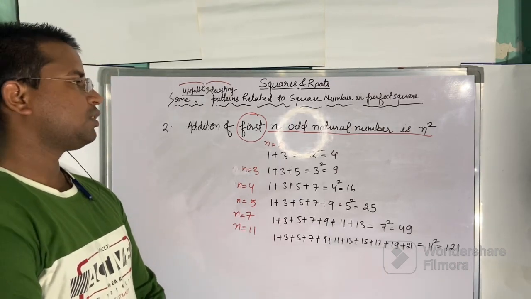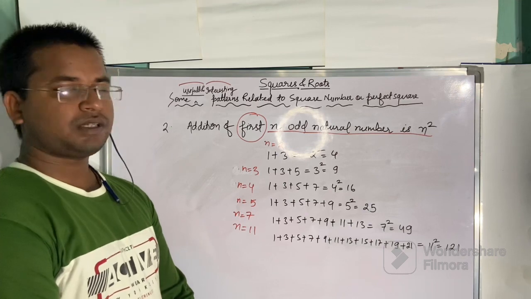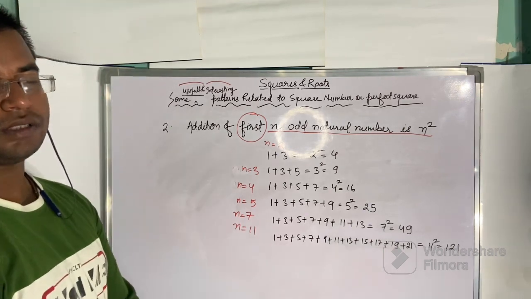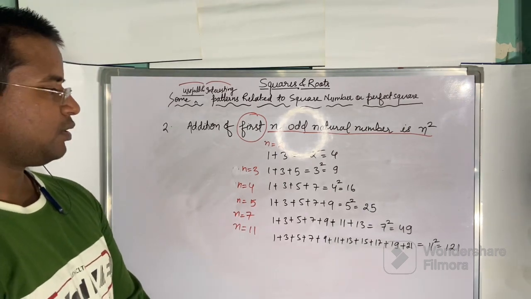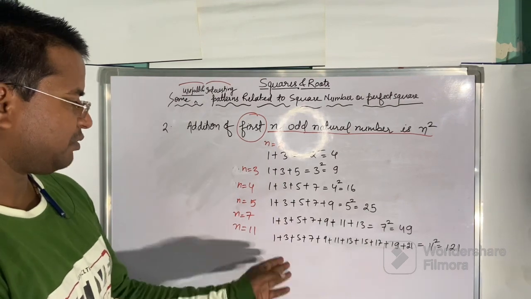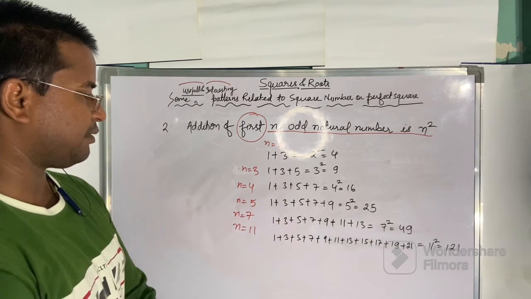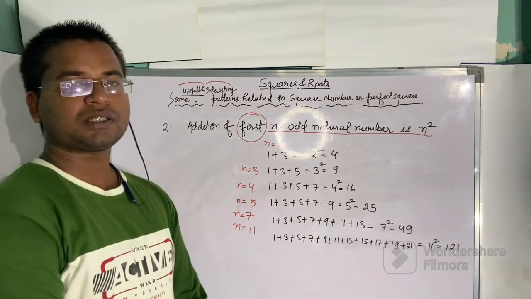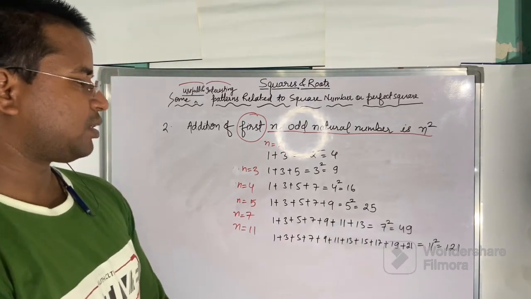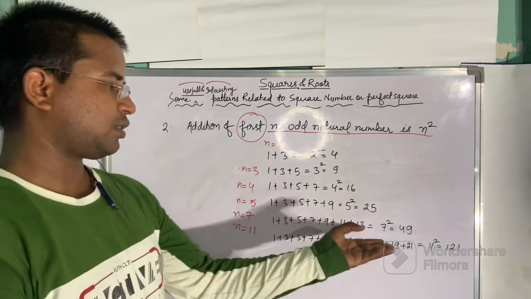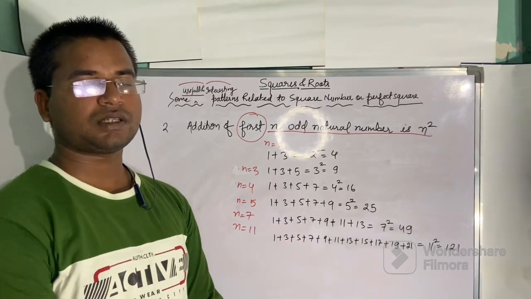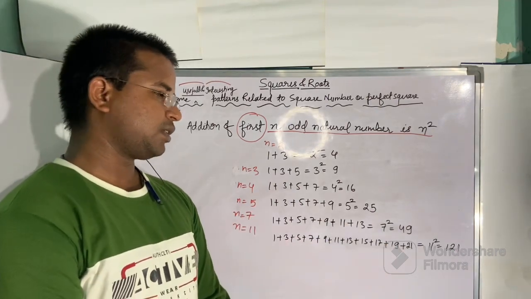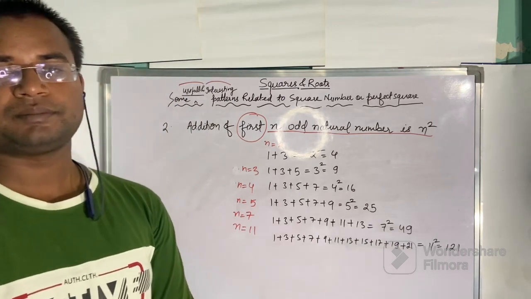But if we know this concept, then we can tell the answers in very few seconds. It is very difficult if we add 3 plus 5 plus 7 plus 9 plus 13, but it is easy if we learn the square of 11. So the sum of all these 11 numbers is 121.